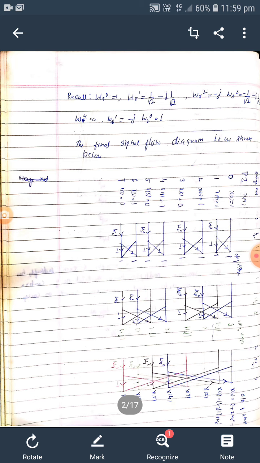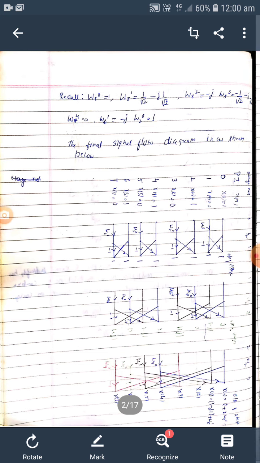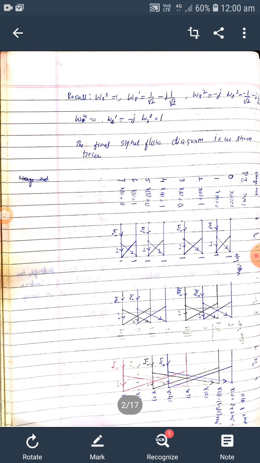Then we come to the second stage. What we need to do? In the first stage we considered 2 lines. In the second stage you have to consider 4 lines simultaneously. You have to map 1 to 1, as shown in the diagram. In these 4 lines, leave the top 2, and on the next 2 lines write omega 4 power 0 and omega 4 power 1.